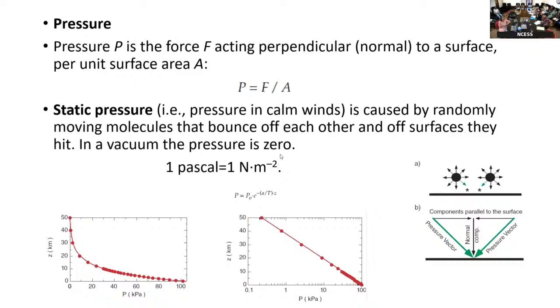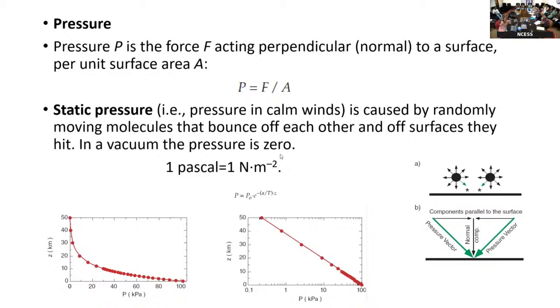Another variable is pressure. So you all know the basic definition of pressure. Pressure is force per unit area. So the pressure exerted by the atmosphere is basically the atmospheric pressure. It is caused by the weight exerted by the air molecules.